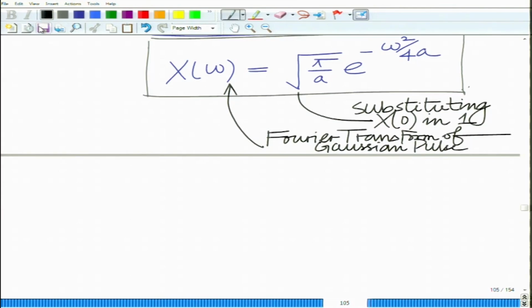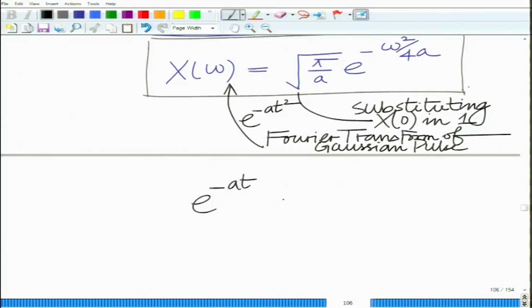So, this is the Fourier transform of the Gaussian pulse. Remember, the Fourier transform of the Gaussian pulse e raised to minus a t square is square root of pi over a, e raised to minus omega square over 4a. And as I already told you, the Gaussian pulse is a very important signal that has many applications. It's not very straightforward to derive the Fourier transform of the Gaussian pulse, so it's important to keep this expression in mind.